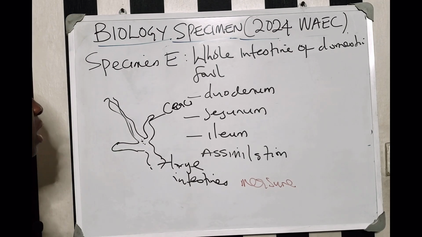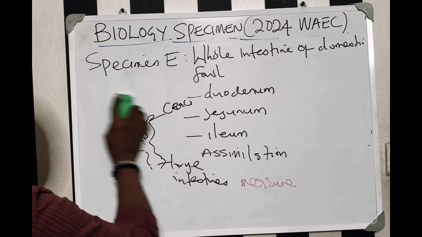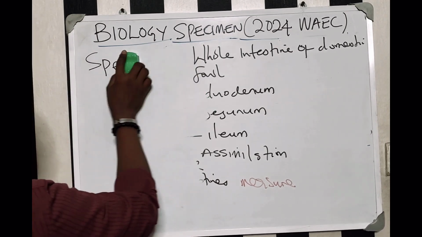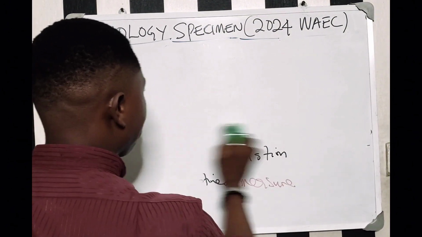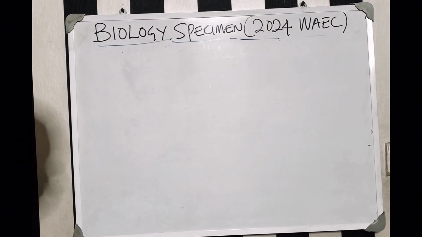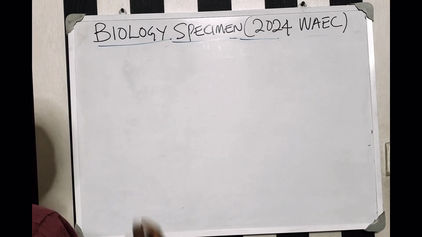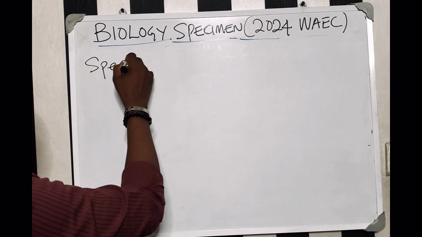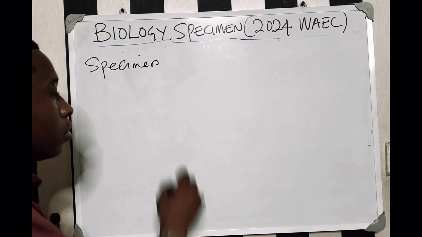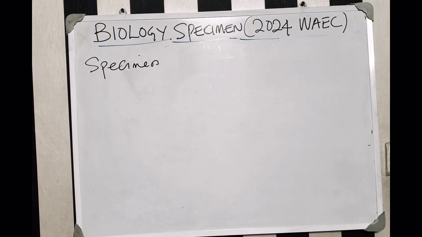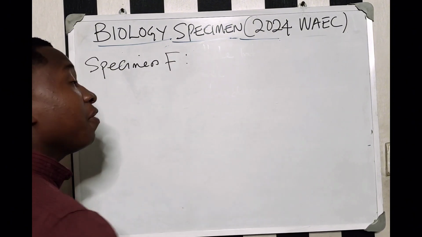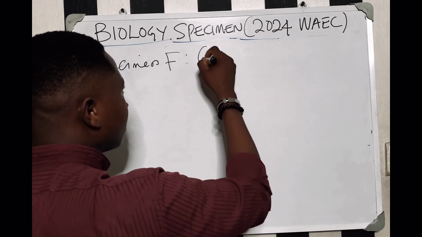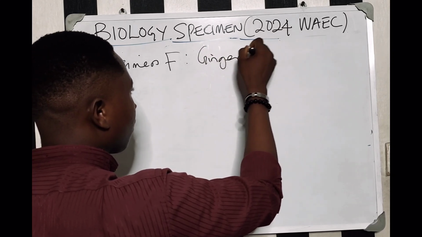Now let's look at the next specimen, specimen F. Specimen F is ginger rhizome.